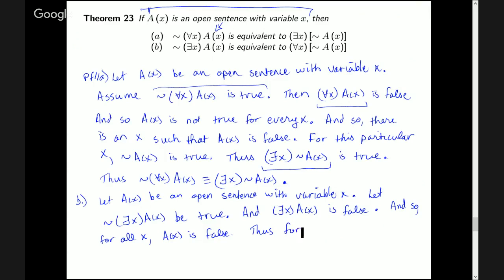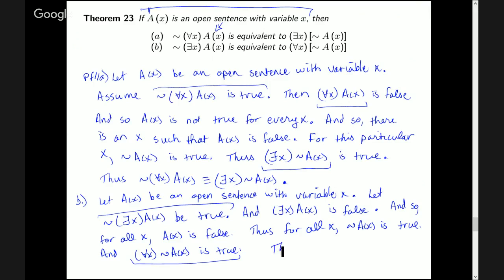Thus, for all X, not A of X is true. And there's our final statement. This was the truth that I started with. This is a truth statement that I ended with. So I know the equivalent. Thus, not there exists an X, A of X is equivalent to for all X, not A of X.